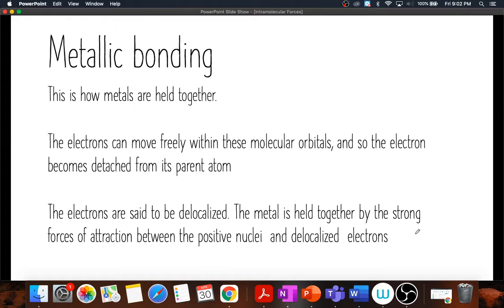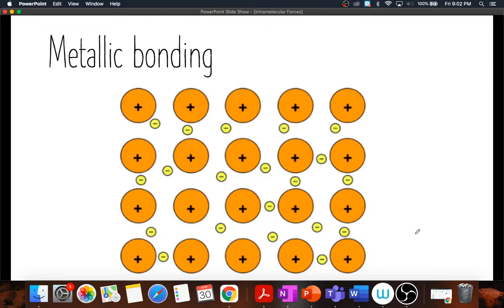And when that happens, the electrons are said to be delocalized. That means that these electrons are going to move away from their parent atom and are able to move enough so that they form an attraction to the nucleus of this particular atom. And then maybe this one can move over so that it can form an attraction to that atom. So essentially, because the atoms are held so close together, the nucleus of one atom is attracting the electrons that are delocalized within that particular metallic bonding situation.